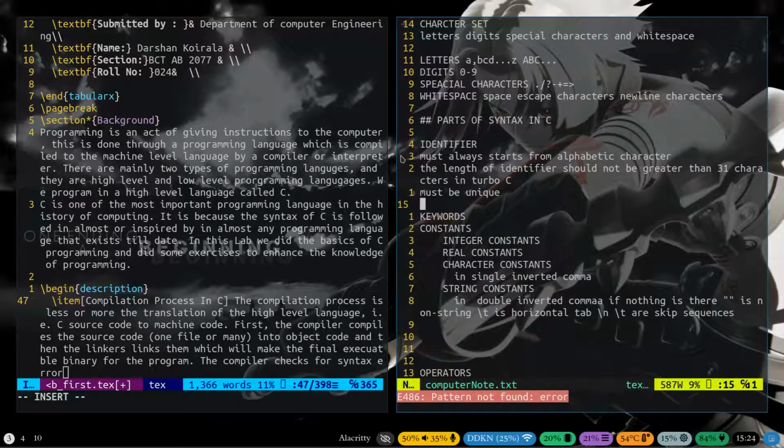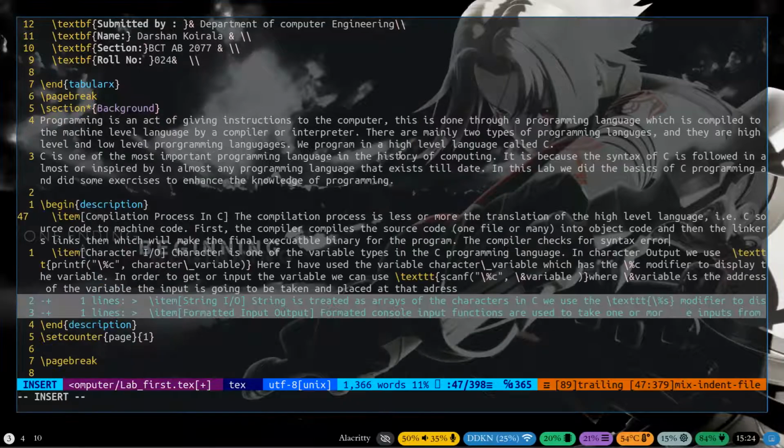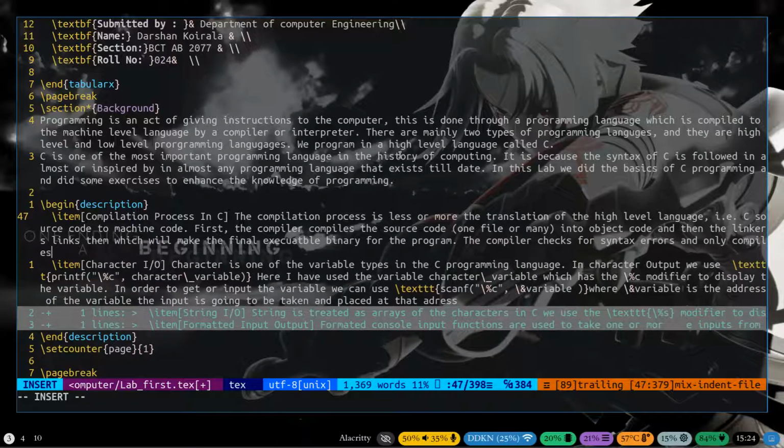There aren't any errors, I think. Leave it. Syntax errors, and it only compiles if the source code is error free.